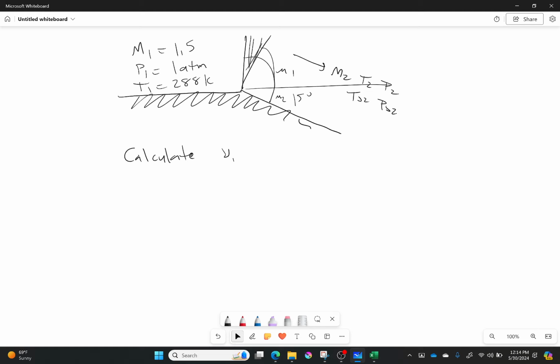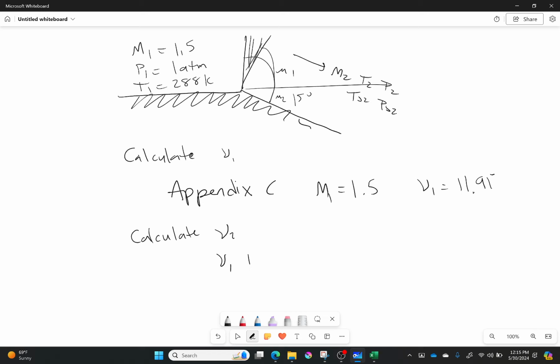So we went to the Appendix C. And for Mach 1 equal to 1.5, we found that nu1 is equal to 11.91 degrees. Great, we have that. Then we know we have to calculate nu2, which is incredibly easy because that's simply nu1 plus the deflection angle.